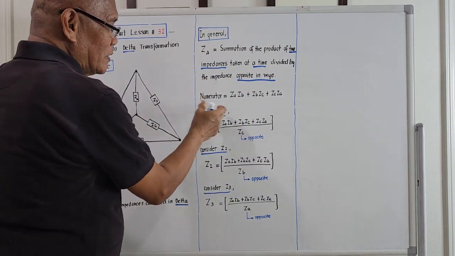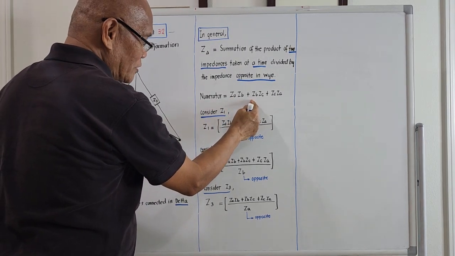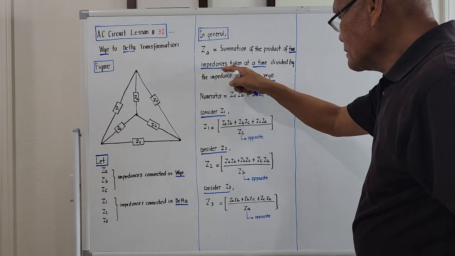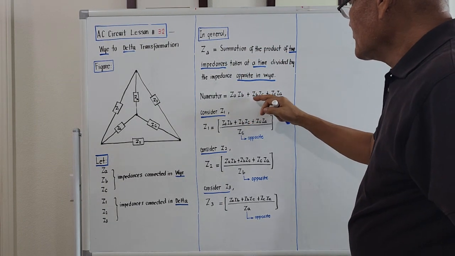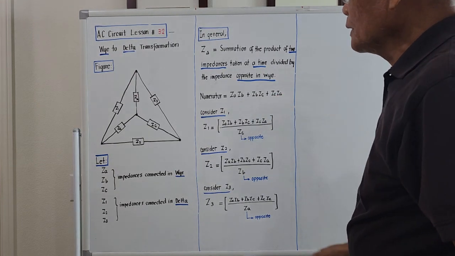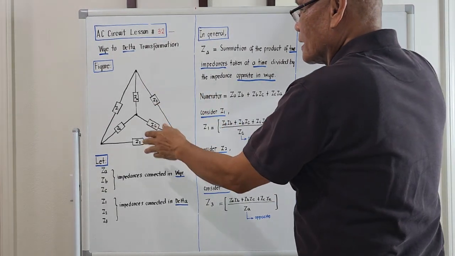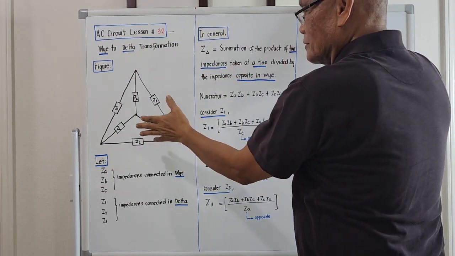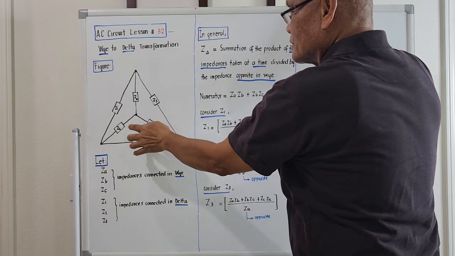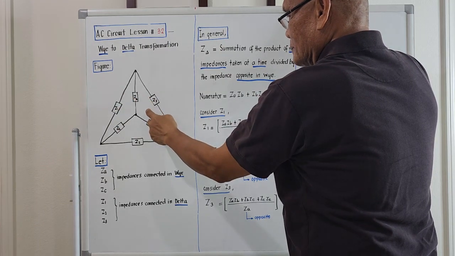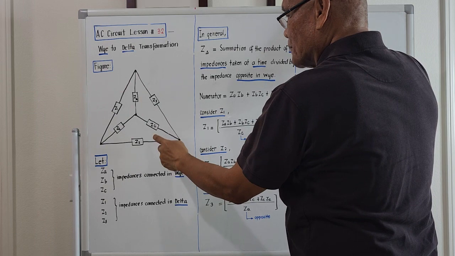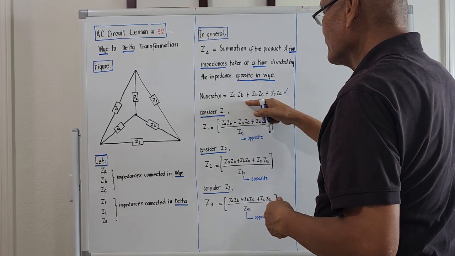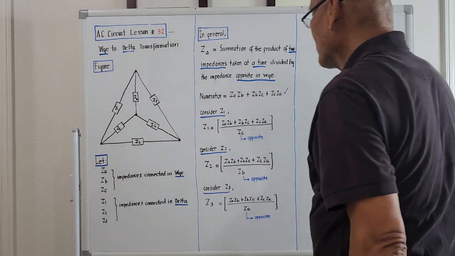We let the numerator be the two impedances taken at a time: Z sub A Z sub B, Z sub B Z sub C, and Z sub C Z sub A. The impedances in Y are actually Z sub A, Z sub B, and Z sub C. So the numerator is the product of two impedances at a time: Z A times Z B, plus Z B times Z C, plus Z C times Z A. That's the numerator, two impedances taken at a time in the Y connection.